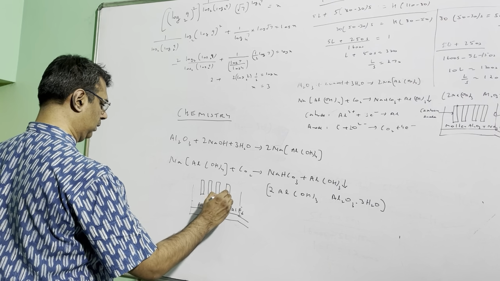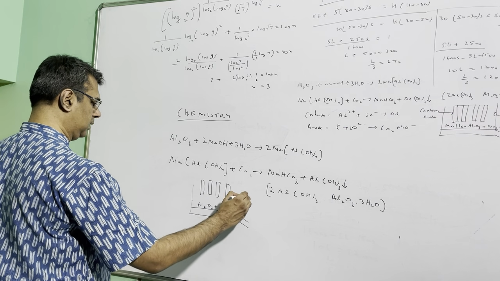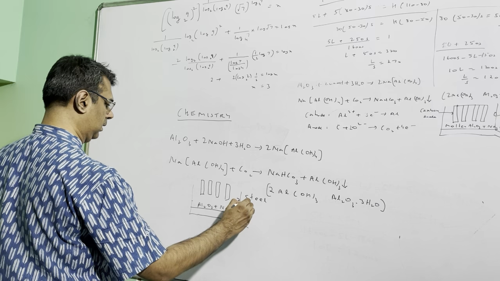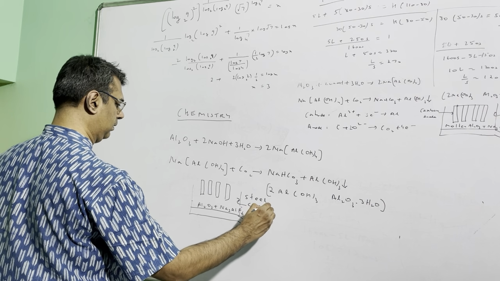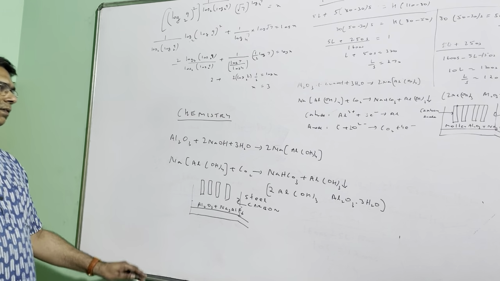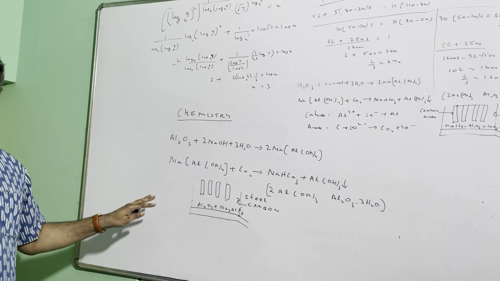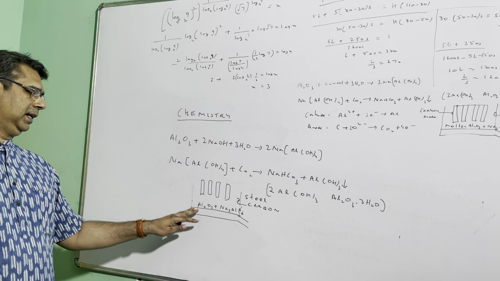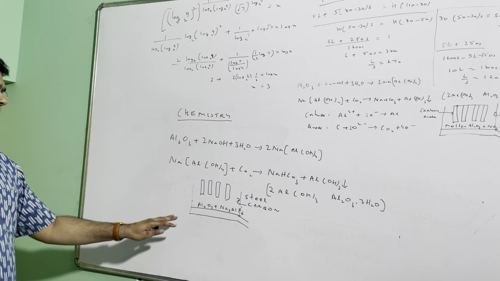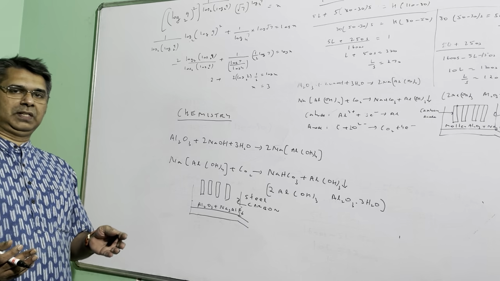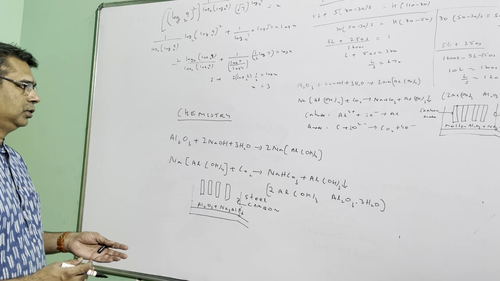The chamber is made of steel, and the carbon lining will act as the cathode, right? Because Al2O3 plus Na3AlF6 is in molten form, you will be able to separate out the ions.